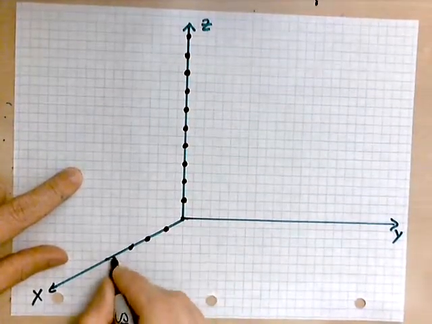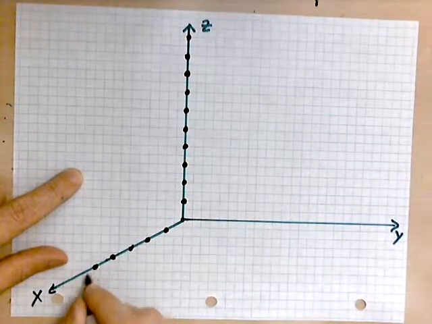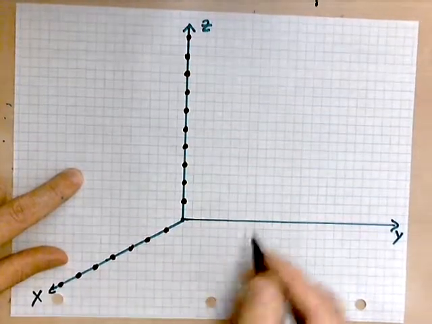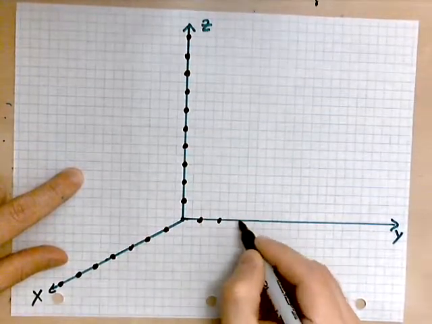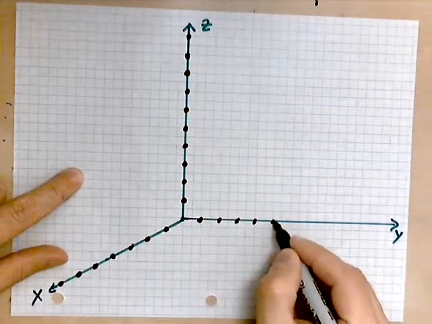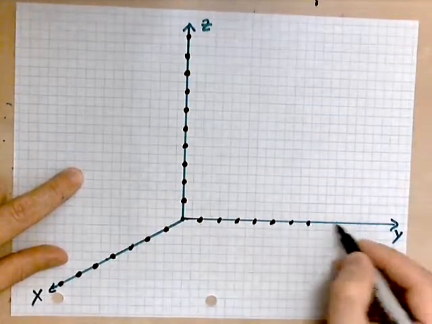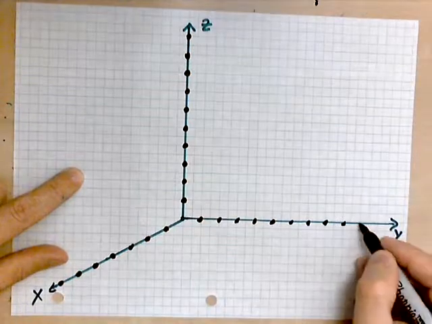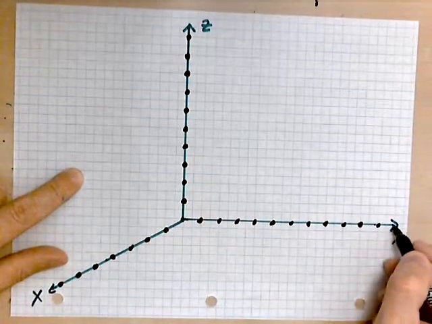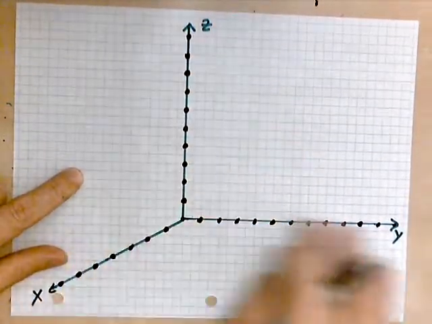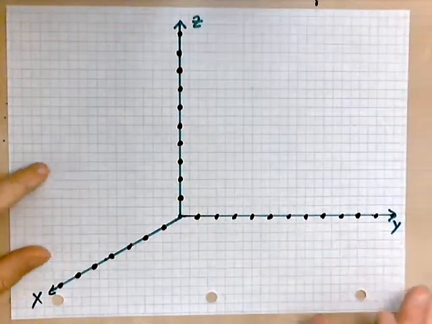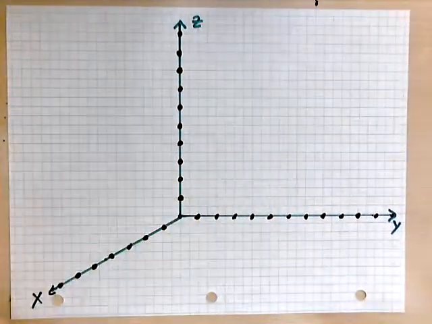Keep the spacing the same so you don't distort anything in terms of distances. Okay, so these are some sample points along each of the coordinate axes. Each of these is known as a coordinate axis. And each of the planes is a coordinate plane.